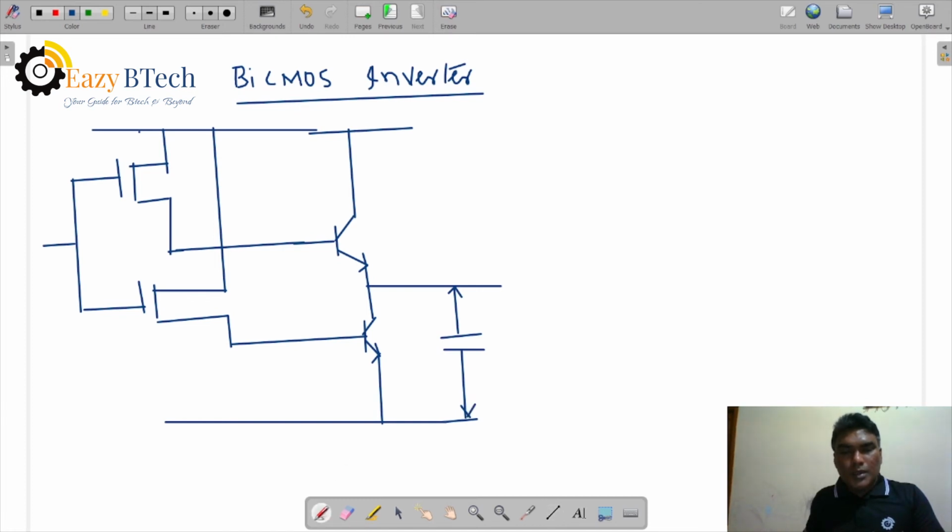Now let us see the input terminal, input and output. Let us mention the supply voltage, and this one is the ground. We take the output voltage here. It is a load capacitance. Let us take the bipolar transistors T1 and T2, this is T3, and this one is T4, and this is the input voltage we are applying.